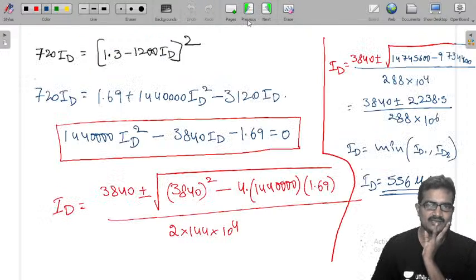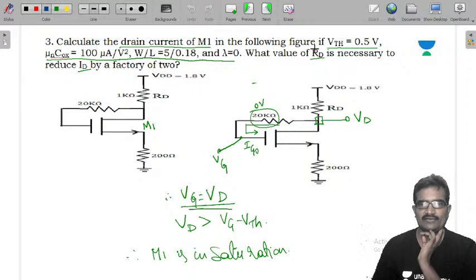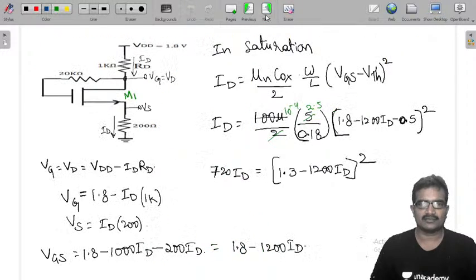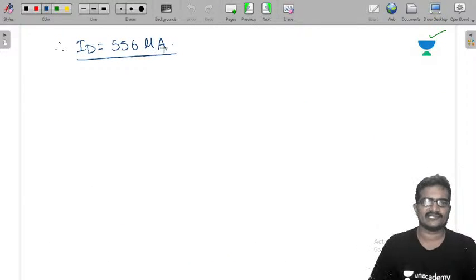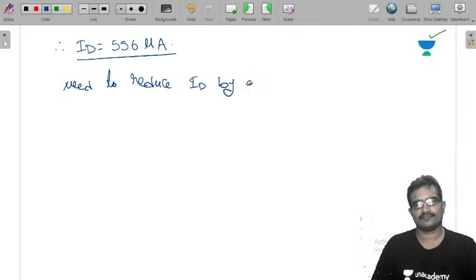Next, so far we calculated the ID value from this. Next, what value of RD is necessary to reduce ID by a factor of 2? Need to reduce ID by a factor of 2.